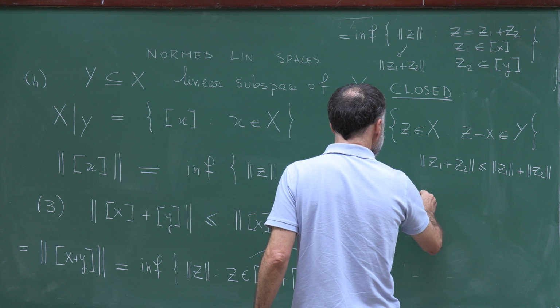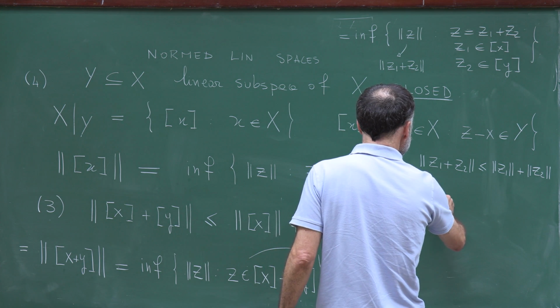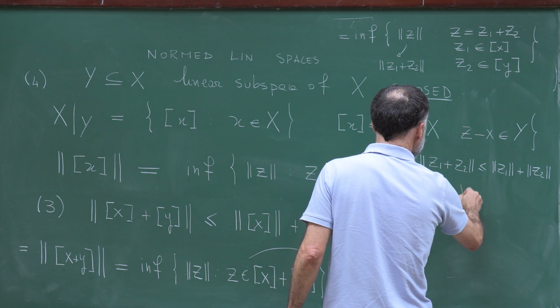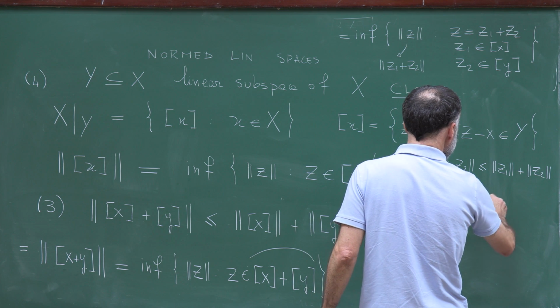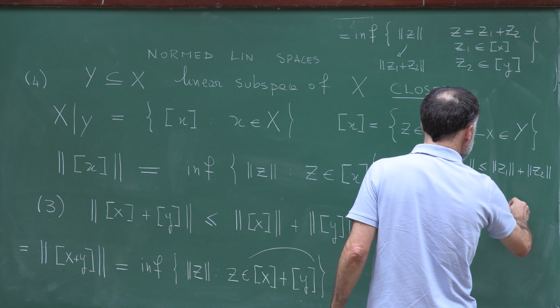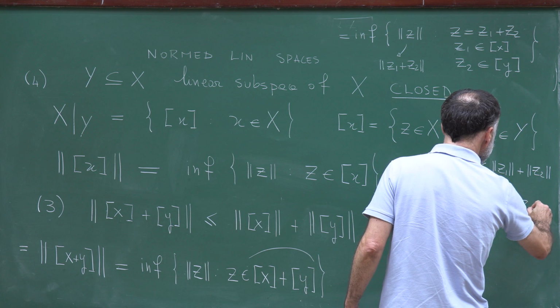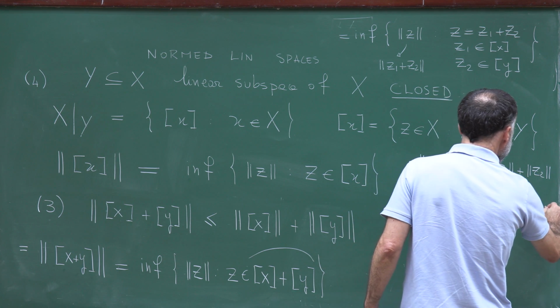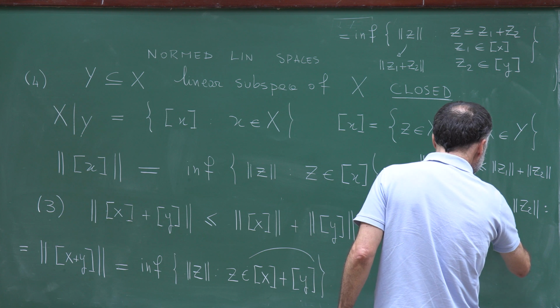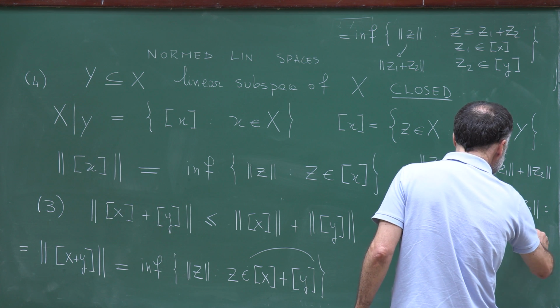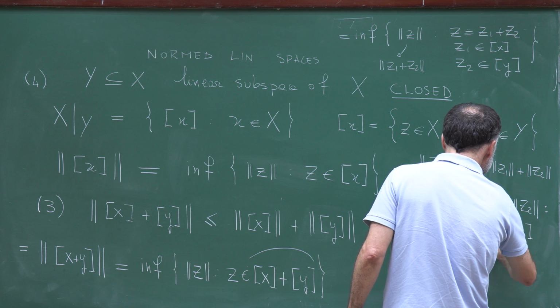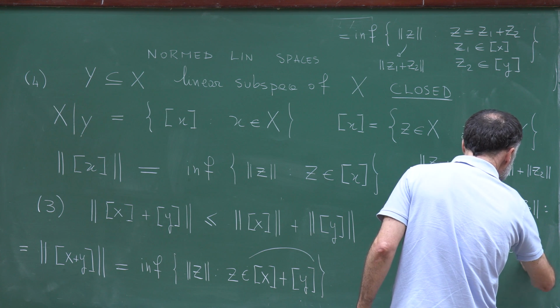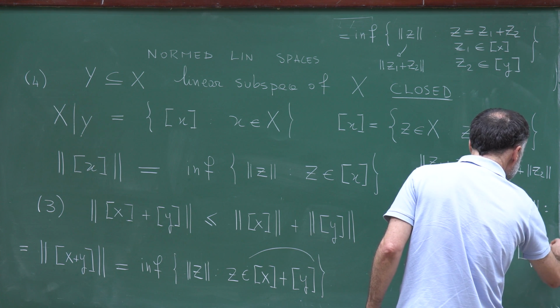It's less than or equal to the infimum over the norm of z1 plus the norm of z2, where z1 belongs to the equivalence class of x and z2 belongs to the equivalence class of y.